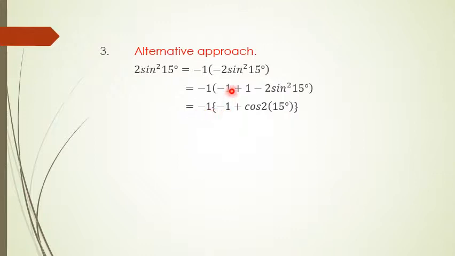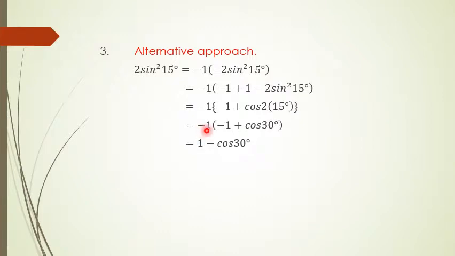That's minus 1 into this minus 1. This one will apply the double angle formula here. It is cos 2 times 15. So that gives us minus 1 into minus 1 plus cos 30 degrees.